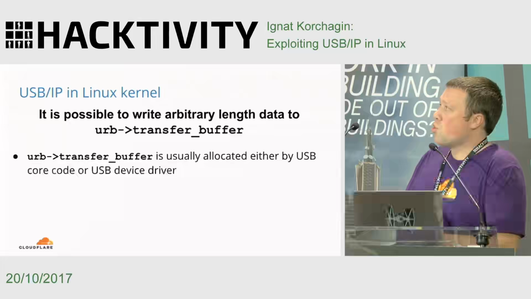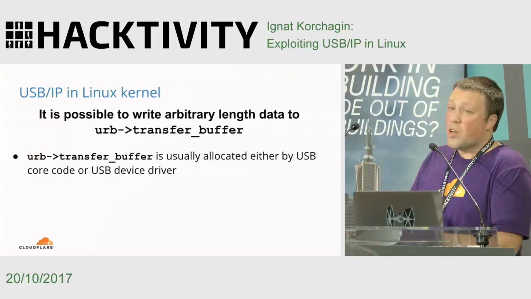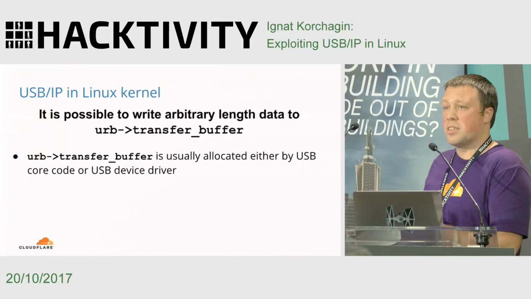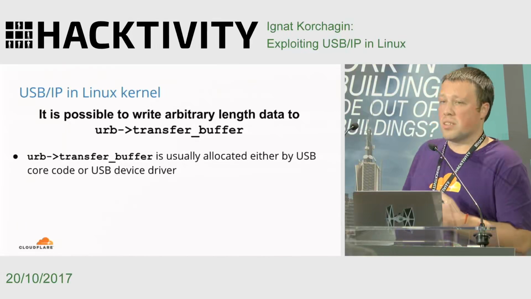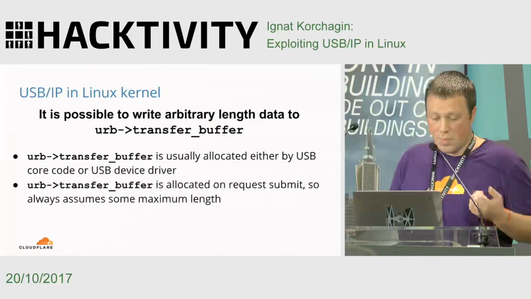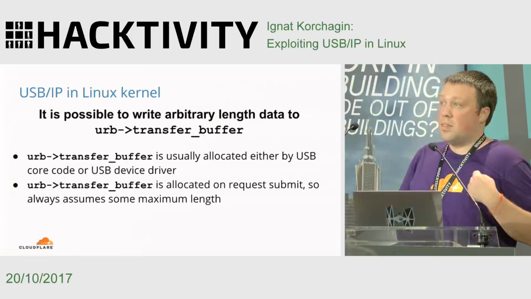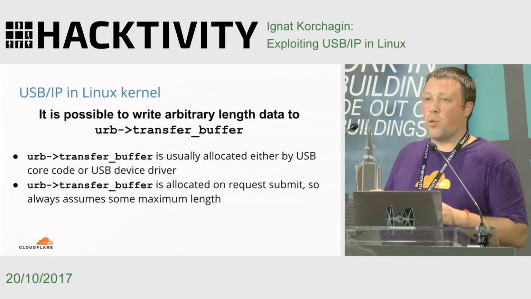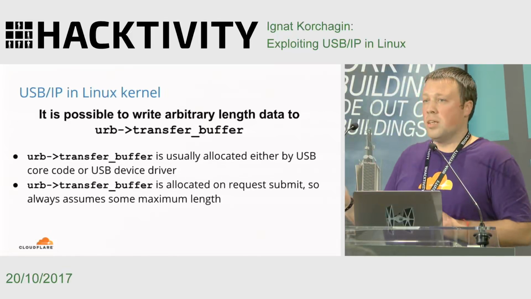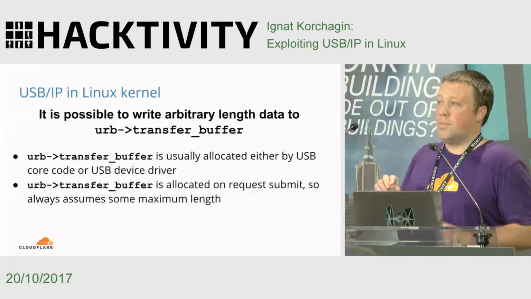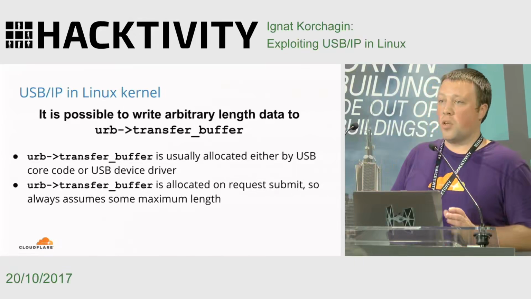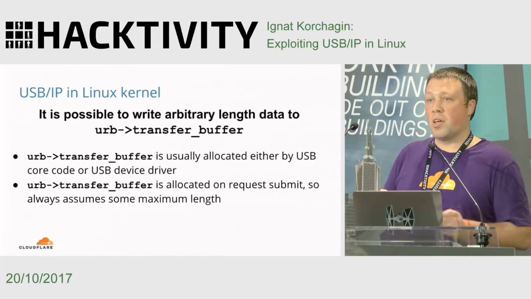The URB transfer buffer is usually allocated by the USB core code or the USB device driver, depending on who in the USB subsystem is the receiver of the URB. And because of how the USB protocol works, it is always host to device. Even though the data is being received from the device to the host, it is still done by request from the host.